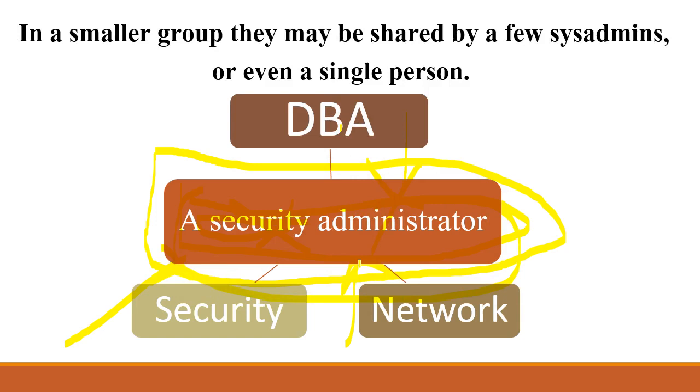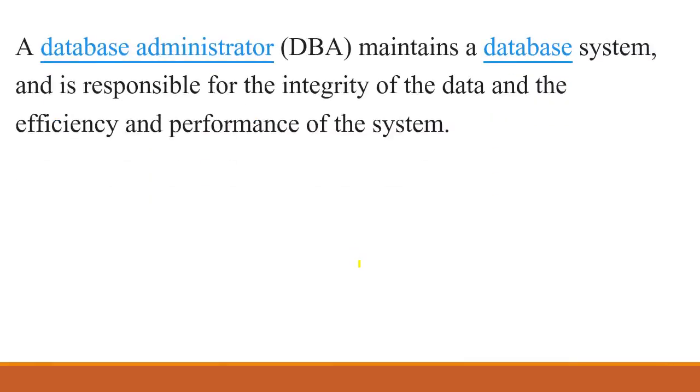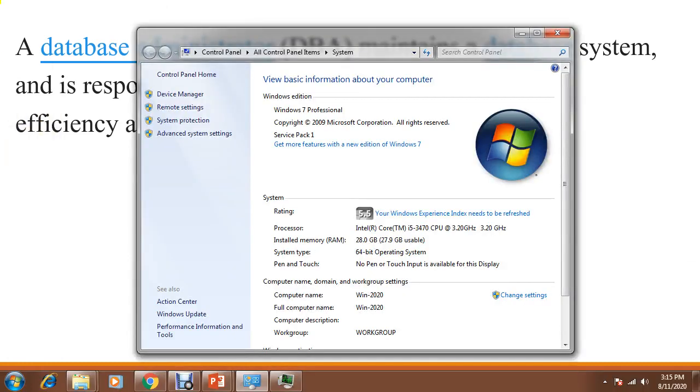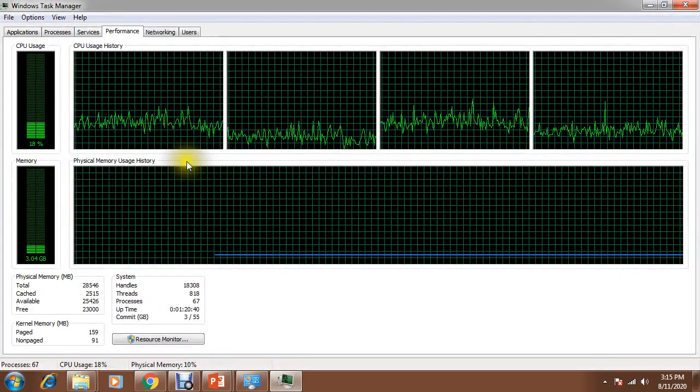Now let me give you a little bit of info about what a database administrator is. Guys, a database administrator is known as a DBA. He maintains the database system and is responsible for the integrity of the data and the efficiency and performance of the system. For example, he will be managing that particular machine and will be responsible for its performance.